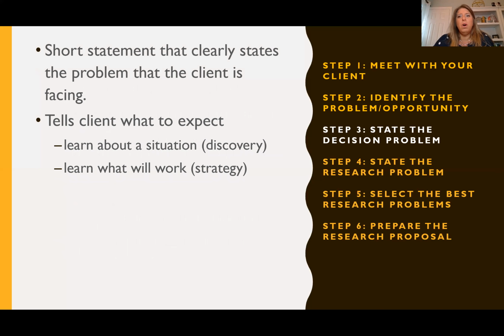So the whole point of the client meeting is so that you can state a decision problem. And the decision problem is this high level problem that your research is trying to solve. So it's a short statement. It clearly states the problem that the client is facing. And it tells the client what to expect.